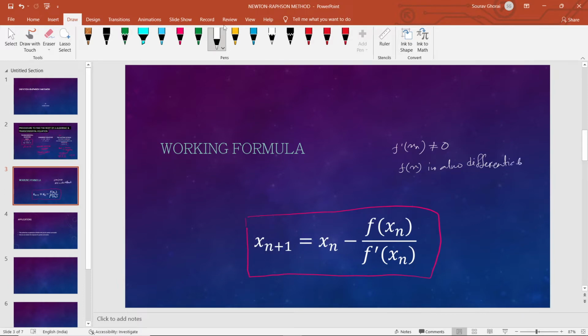Now there is a question: how can we find the roots of any transcendental or algebraic equation that we cannot find by any other known method? Here I'm going to show you by one example how we can find the root of an algebraic equation, which we cannot find by any well-known analytic method.